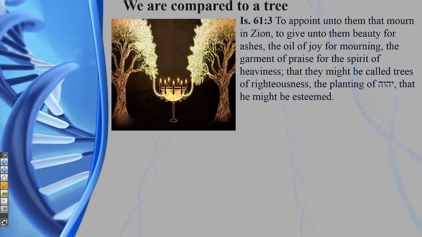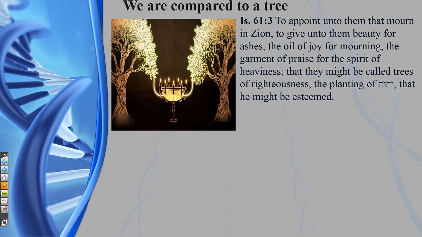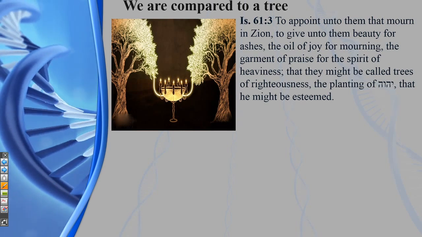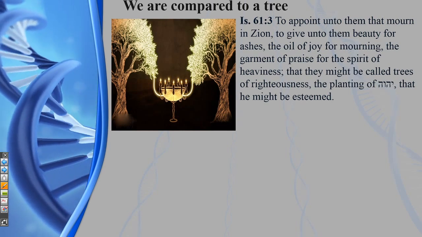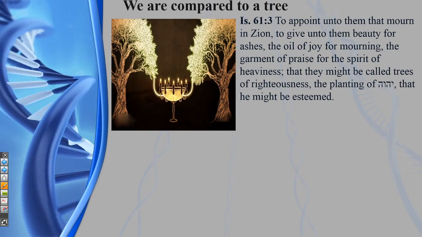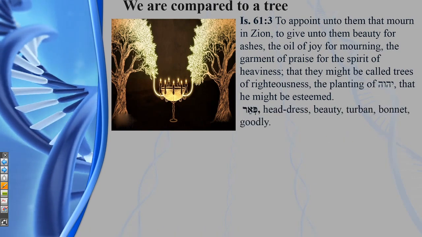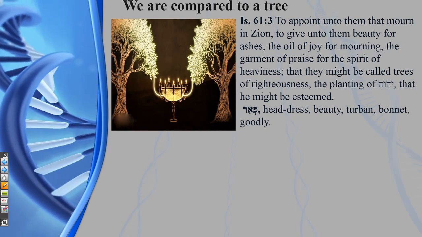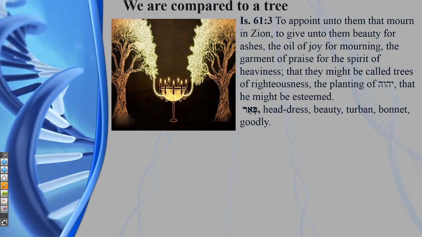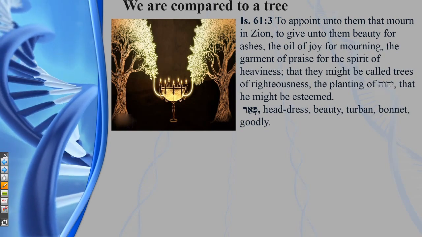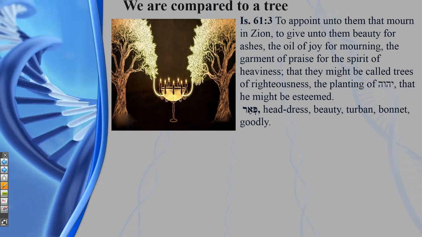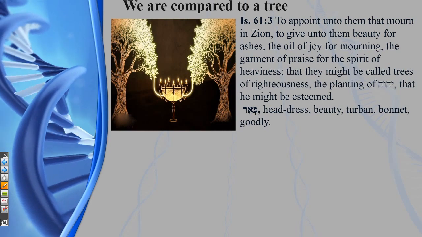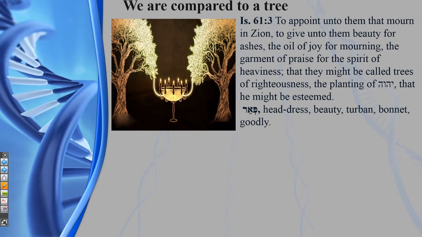Now, I found this interesting years ago, so I'm going to bring it back up now. The word for esteemed, or glorified in the King James, is pa'er, and it means headdress, beauty, turban, bonnet, goodness. Why would a turban or a headdress or a bonnet on your head be good?